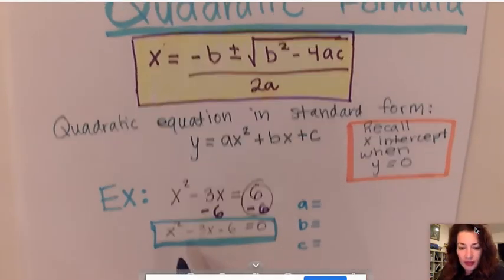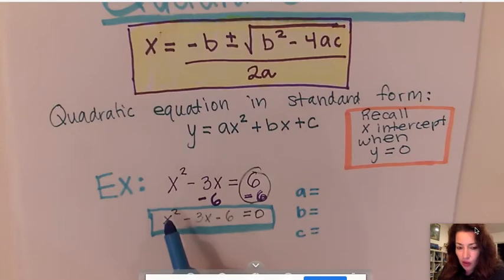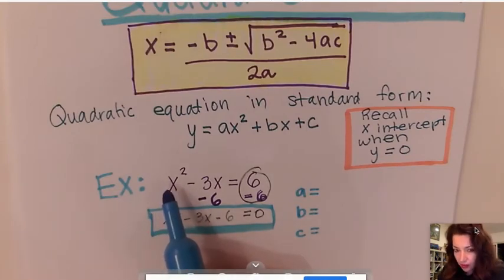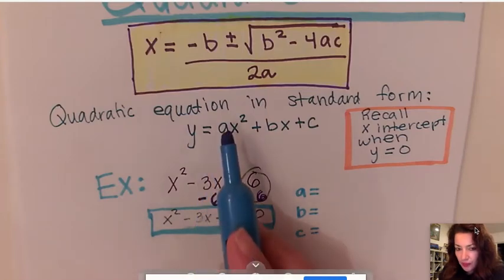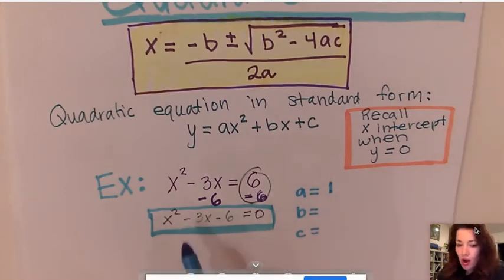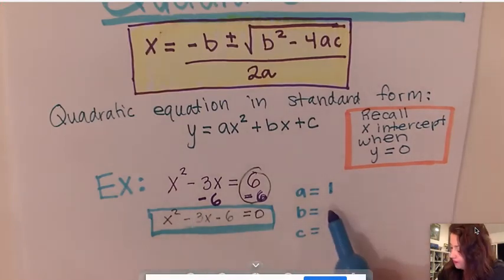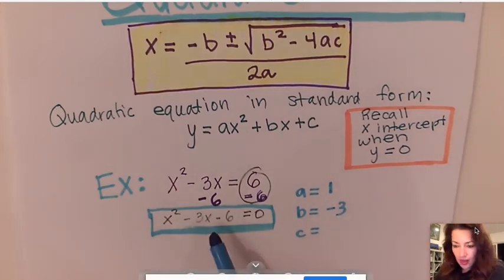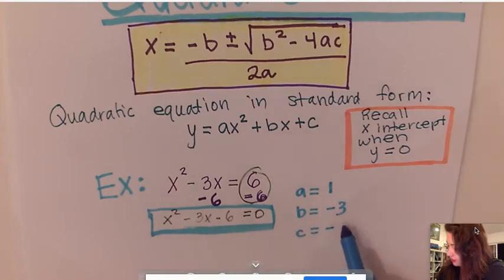So looking at this equation, you can see that the coefficient of x squared, there's nothing there, but it doesn't mean it's 0. What would a be in this equation? So if you said 1, you are correct. Our b would be negative 3, and the c value is negative 6.